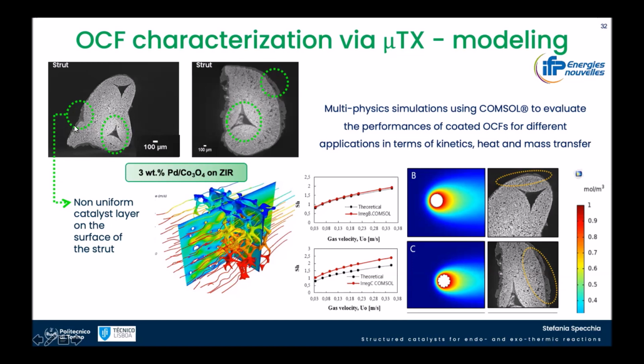So what we can do is calculate, by knowing the specific geometrical surface area, an average thickness considering the amount of catalyst we are going to deposit. But in reality, we realize that with the foams, it's not that easy to really provide a uniform layer.